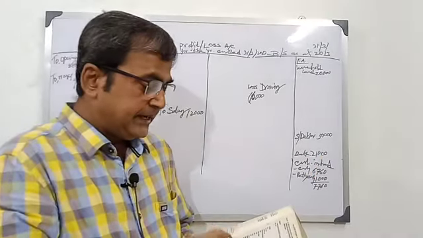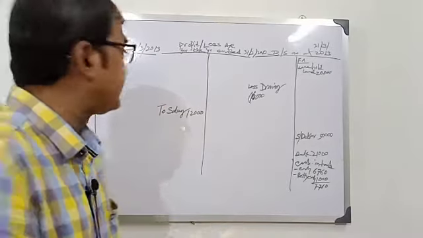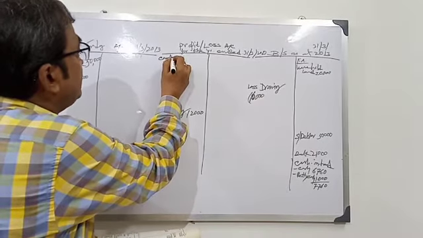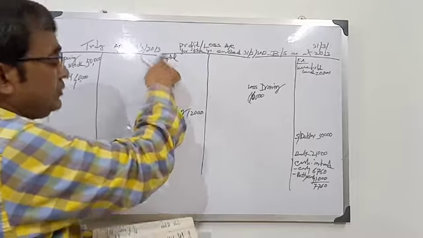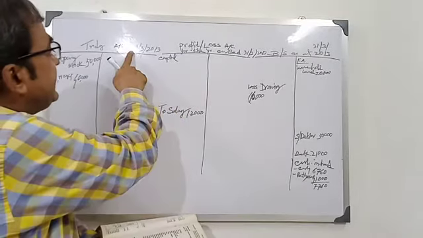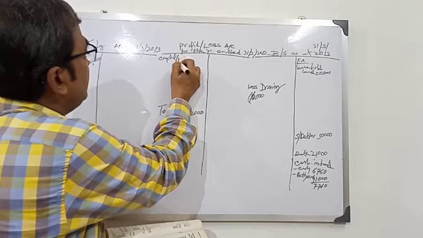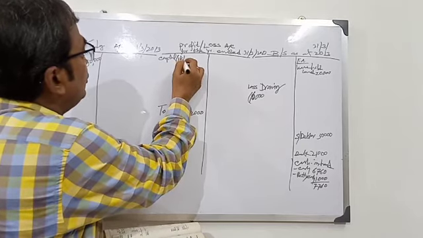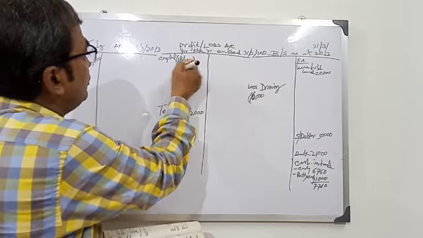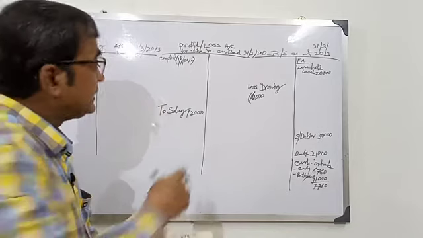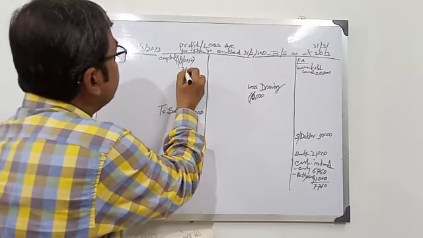Now capital account is 34,000. So opening capital should appear in the trial balance as of 1/4/2012. How much given? 34,000.